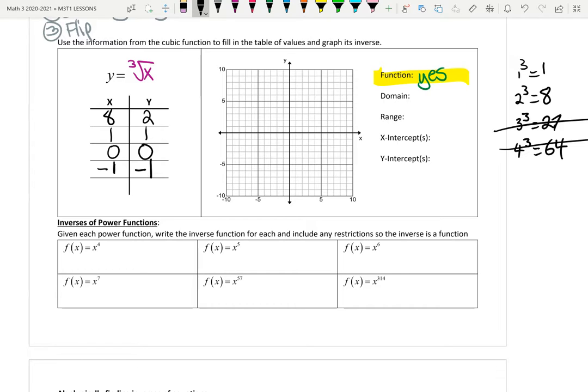The reason being is if I take 3 negative 1s, notice how that's negative 1. If I have negative 8, negative 2 times negative 2 times negative 2 will be negative 8.